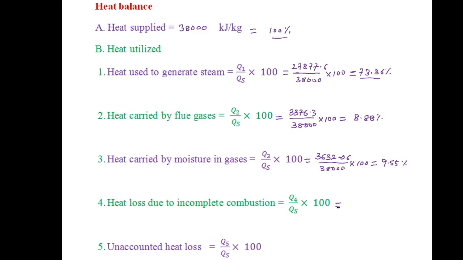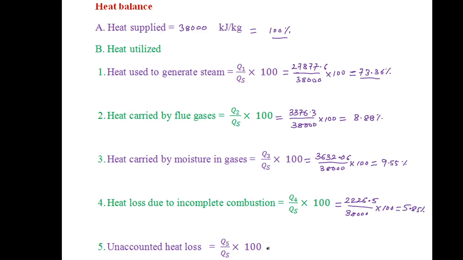Then the amount of heat loss due to incomplete combustion is 2226.5 divided by 38,000 into 100, which works out to be 5.85%.